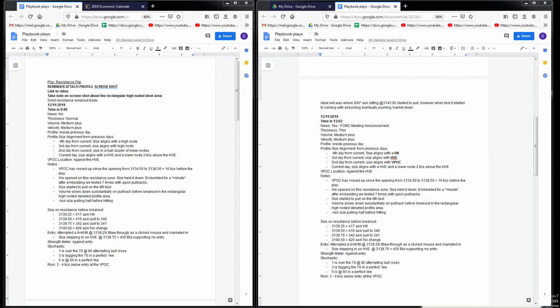So the current day, size aligns with HV. This is the previous trade.